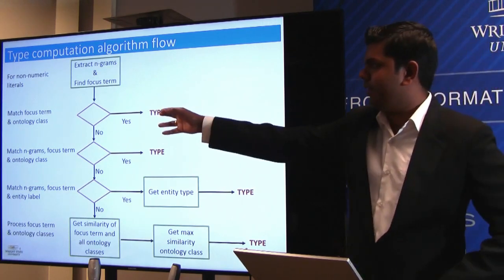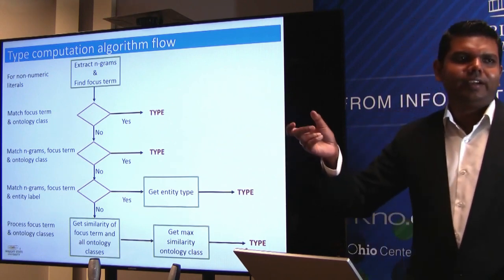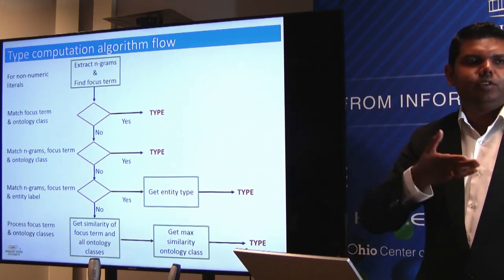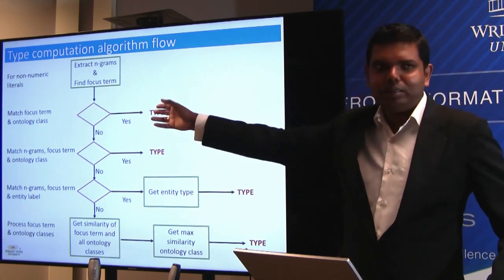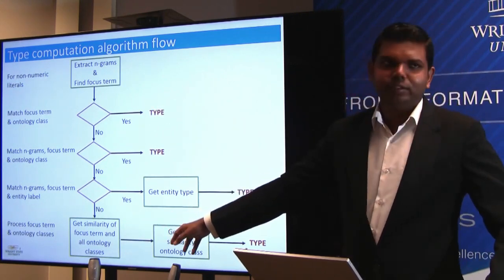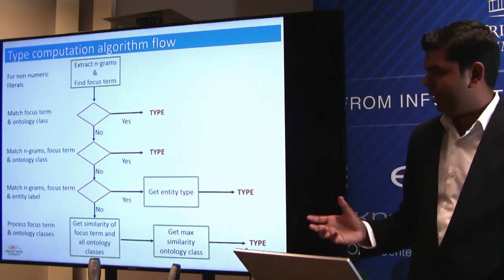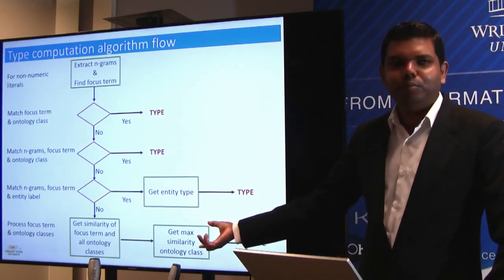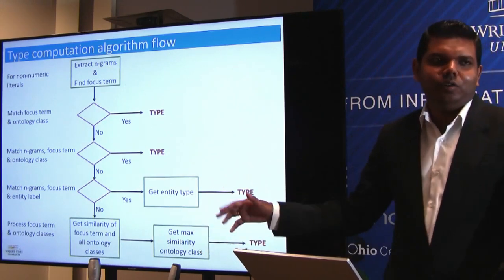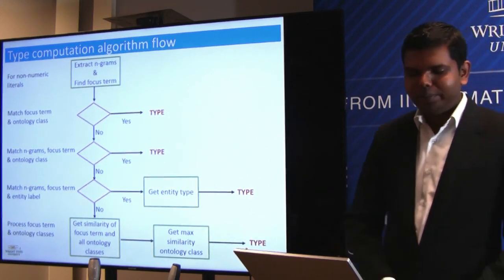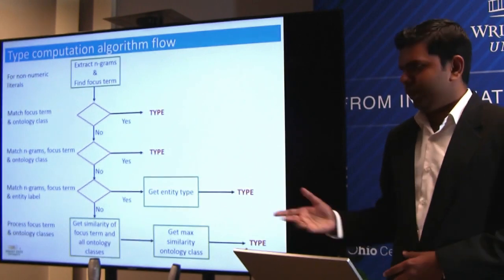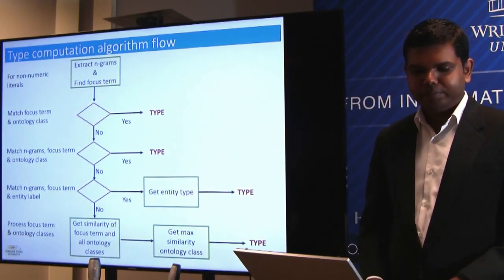If the literal says the focus term is teacher, but the ontology has educator, it won't match here, but there is a chance that it gets matched in the last part. That's why we didn't remove this one. There is a trade-off. If you remove this, there is less chance of semantic similarity matching. But this could be improved further, I agree.